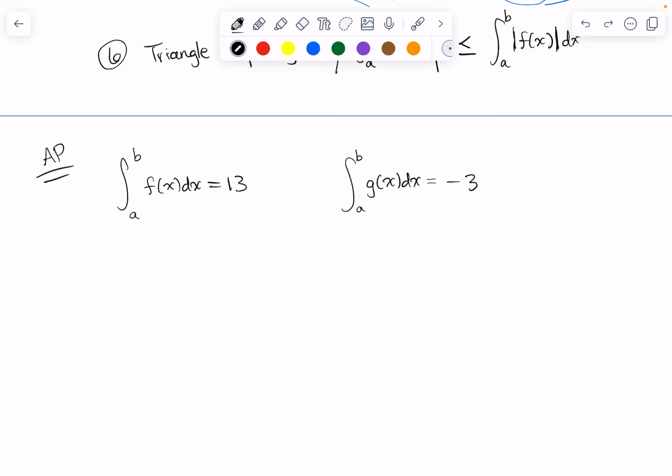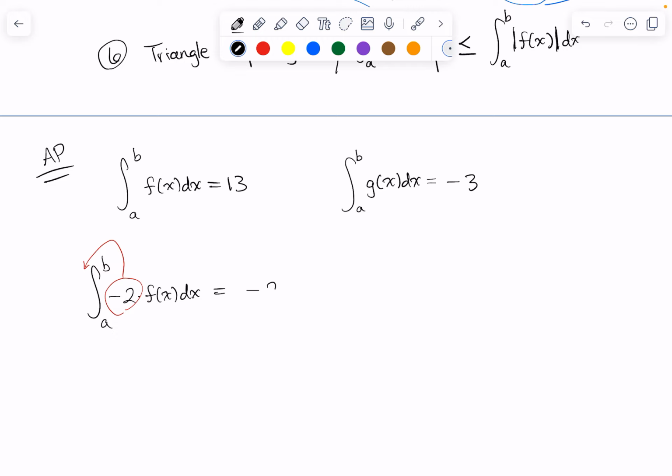Let's do this one. The integral from a to b of -2 times f of x. The only way to do this is to use the properties. That's the only way. There is no other way. We don't know anything about these functions. So what property should we use? Well, let's pull out that constant, right?